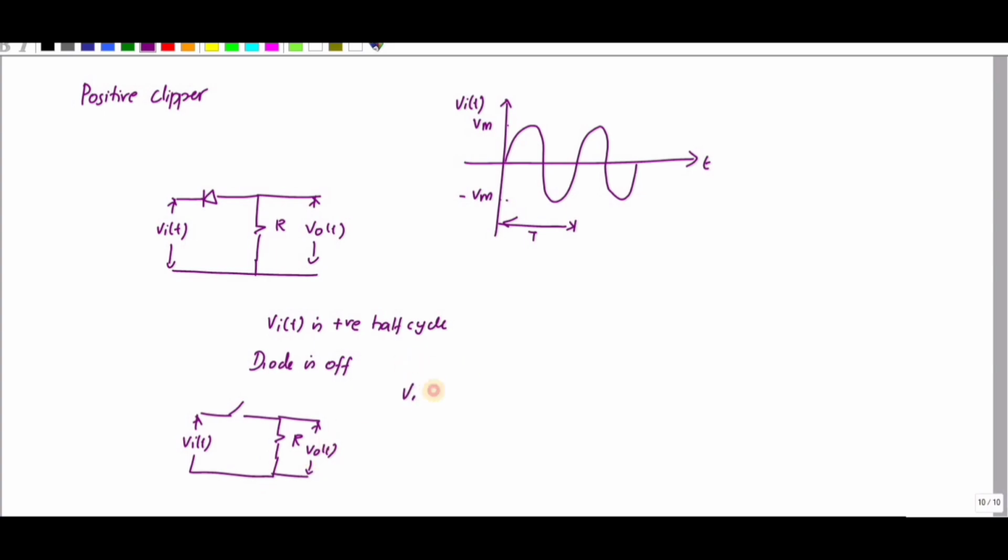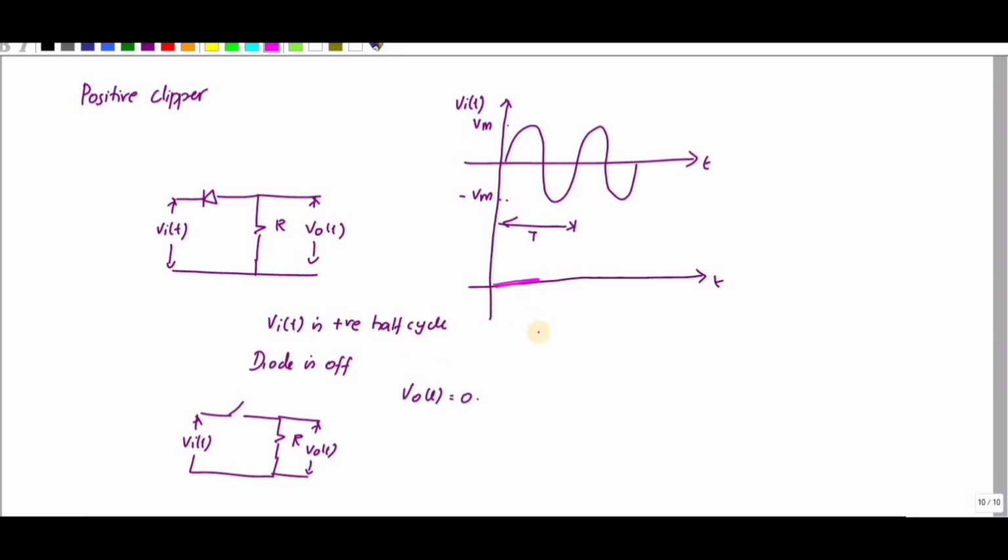So V0(t) is equal to 0 during the positive half cycle.